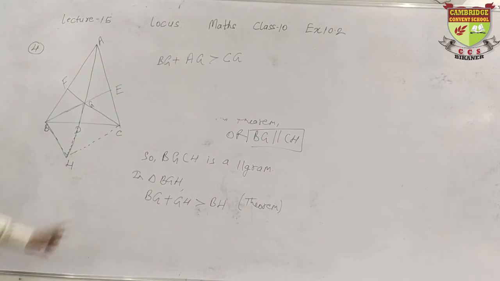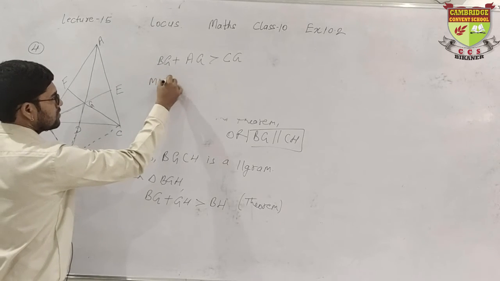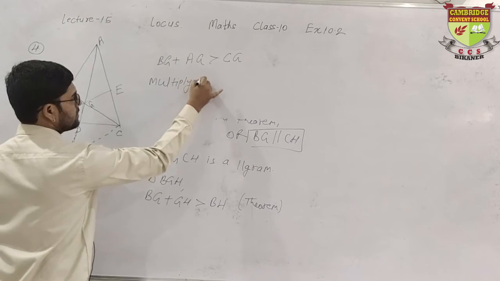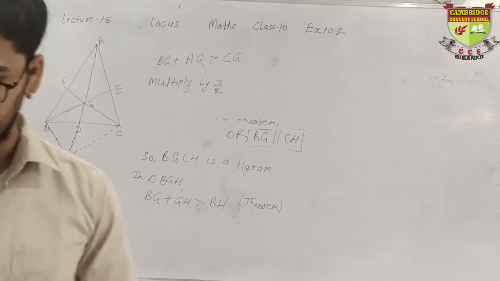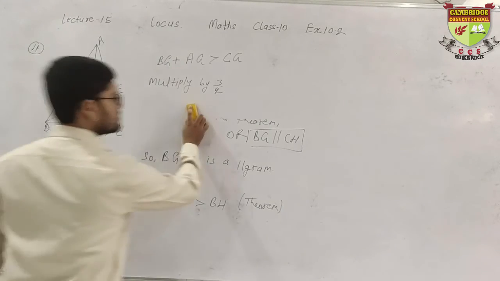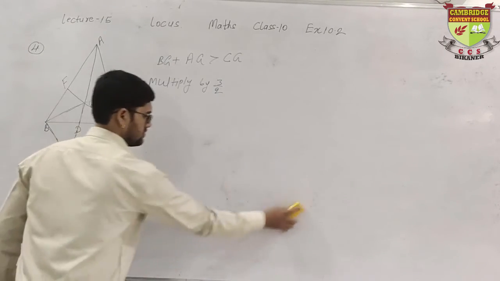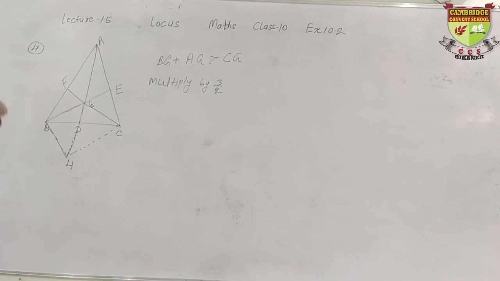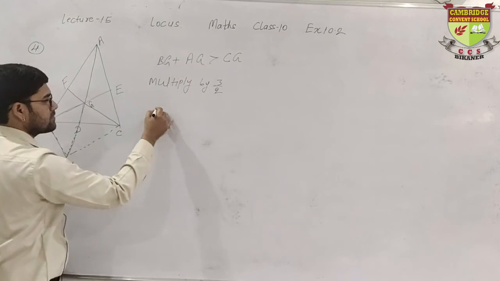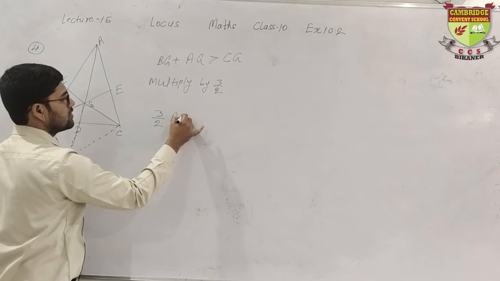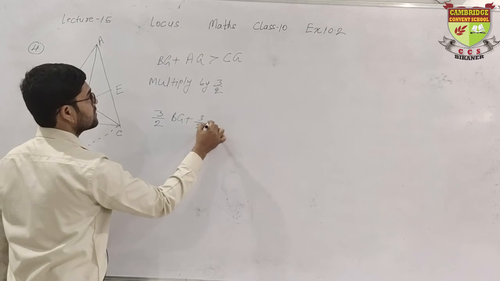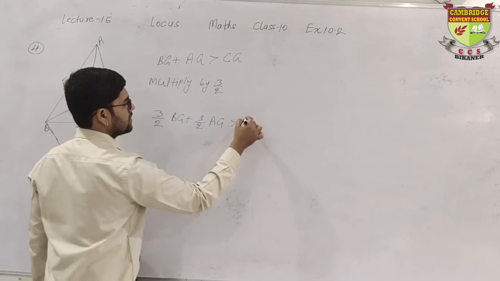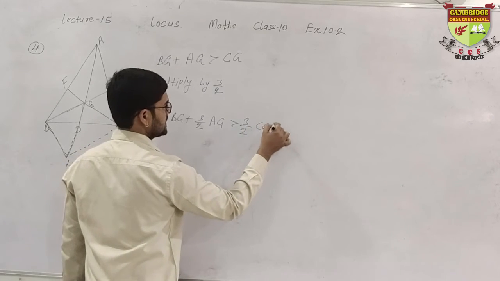Now multiply this by 3 upon 2. Multiply by 3 upon 2. Okay. So what will happen now? See, when you multiply everything by 3 upon 2, then 3 upon 2 BG plus 3 upon 2 AG greater than 3 upon 2 CG.